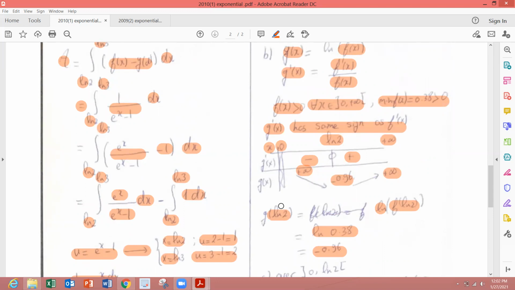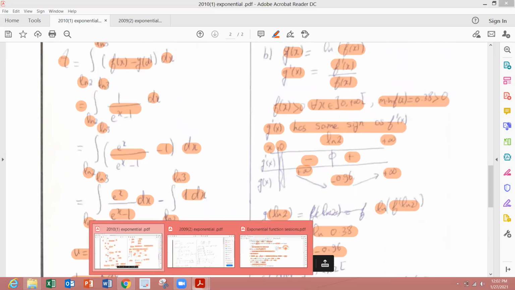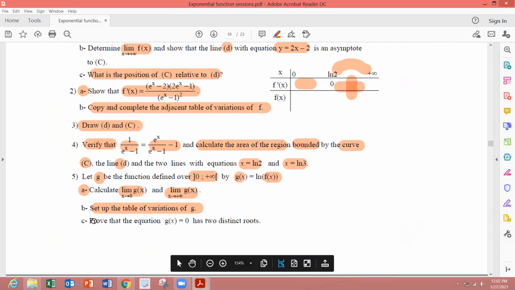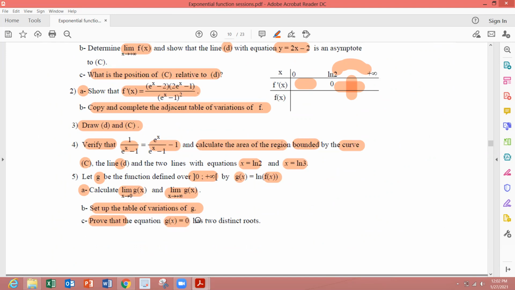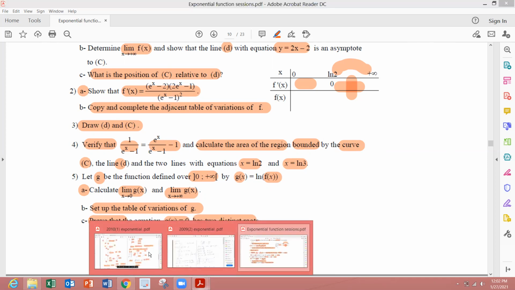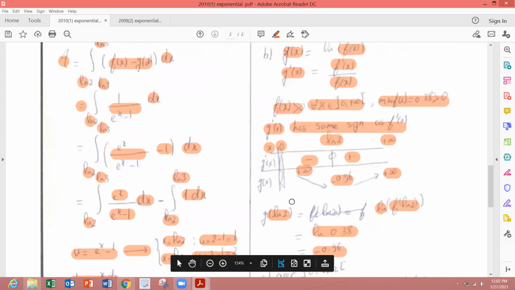Part C. Prove that the equation g x equal to 0 has two roots. How to prove it?